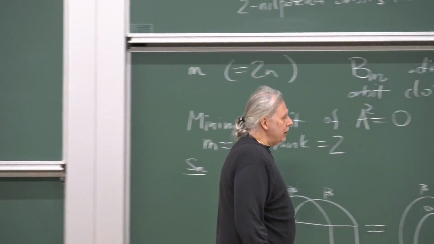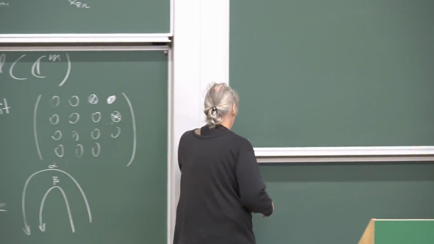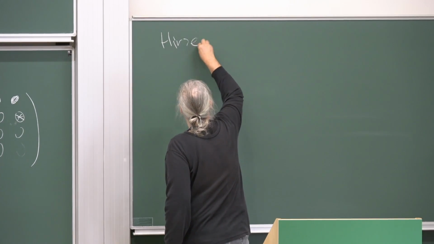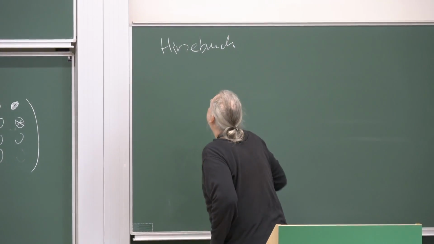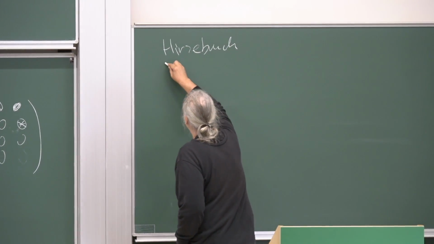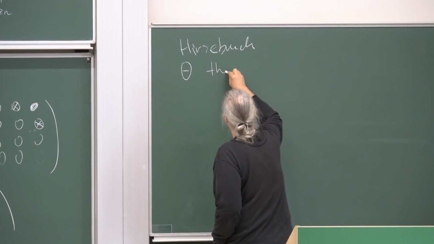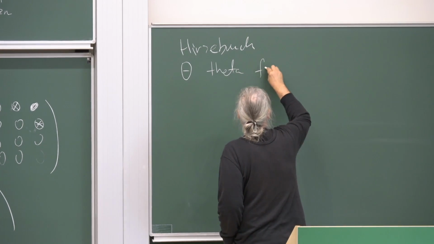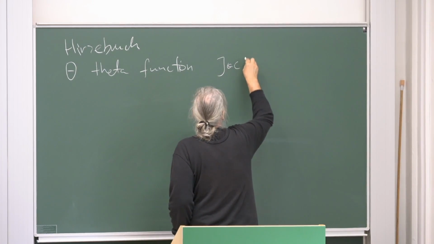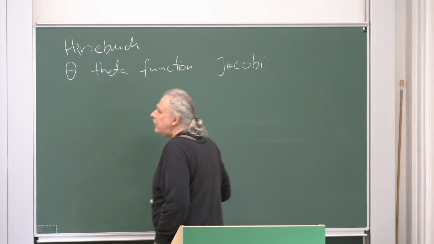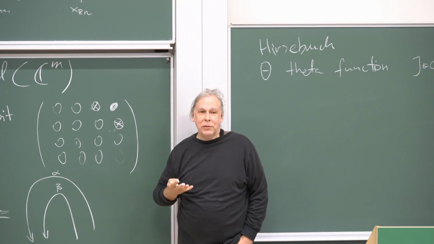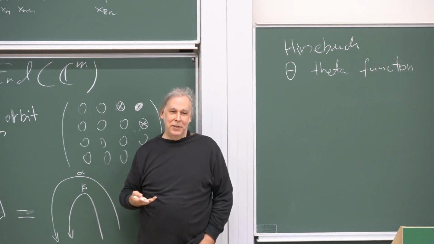So the calculus is based on the elliptic functions. So Hirzebruch defined the elliptic genus using certain power series. So first take a theta function. This is in fact the Jacobi theta function. I will not write down the formula for this, but this is the most obvious function that you ever meet in nature.